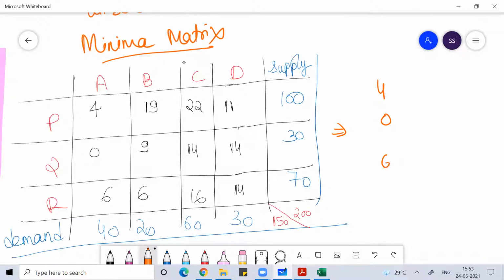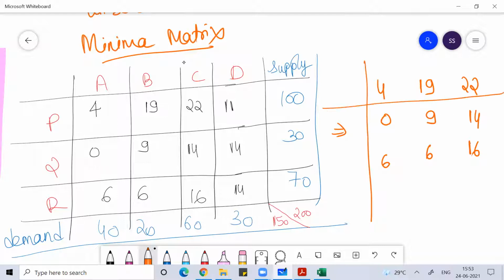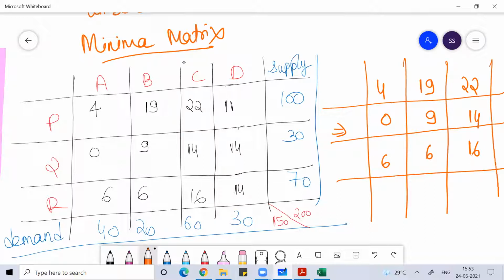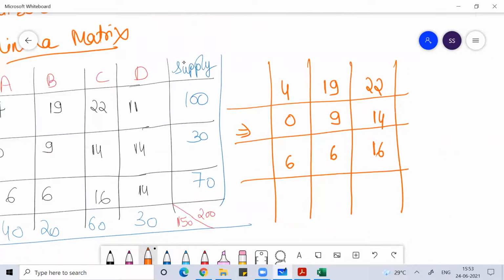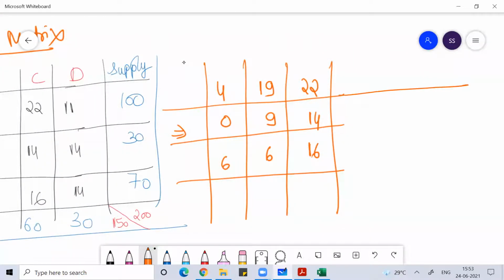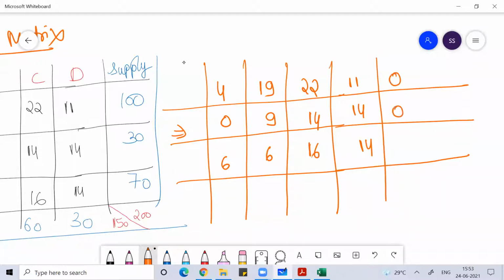The rows are 22, 14, 16, then 11, 14, 14, and then I added a dummy column of values 0, 0, 0.